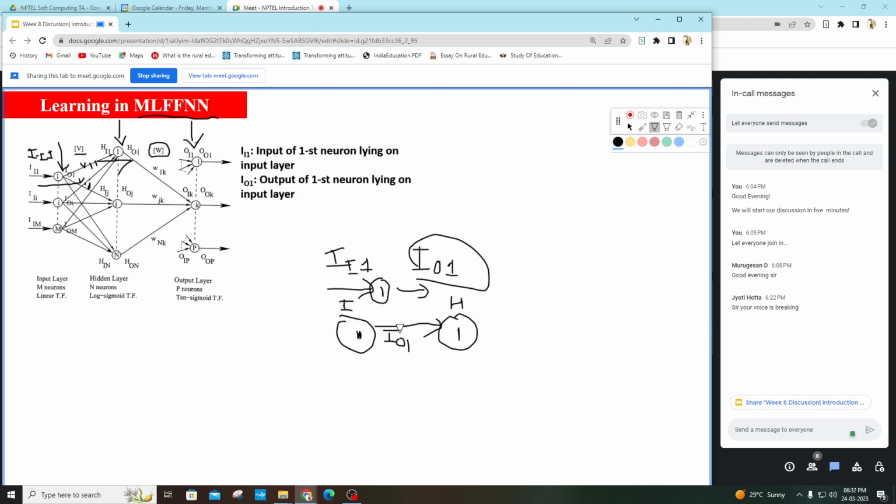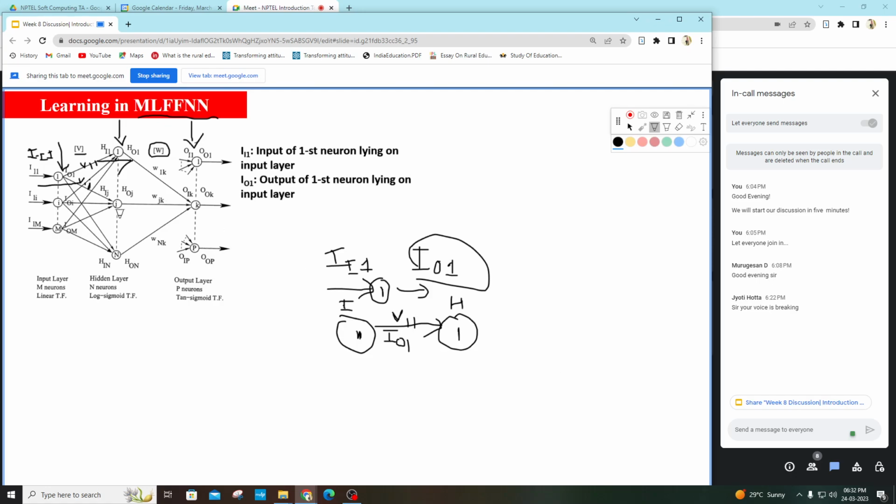Some portion will be going to the hidden layer. So how much portion is going, that we will be denoting by this V. So we will write V11 because first neuron of input layer will be connected to first neuron of hidden layer. So V11. Okay, so is this clear?